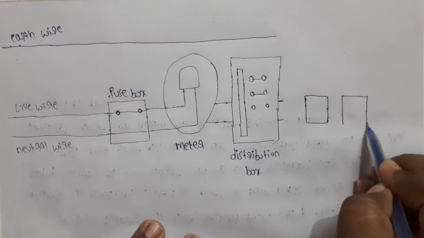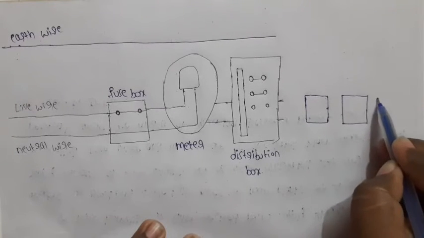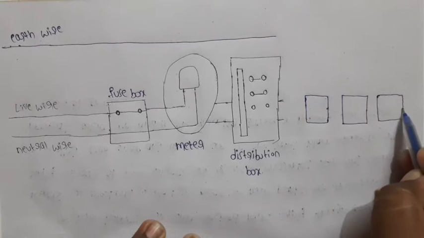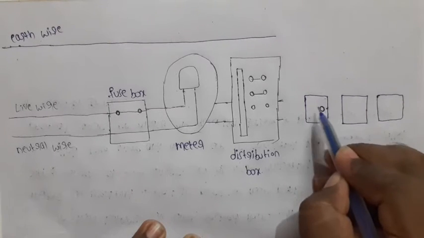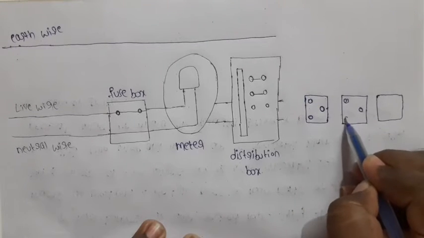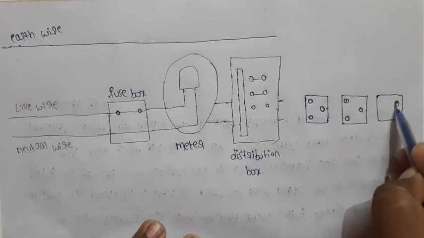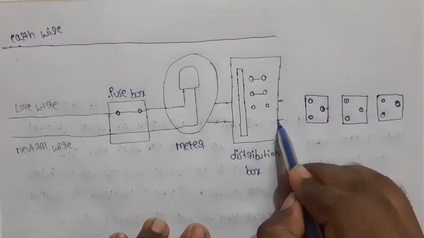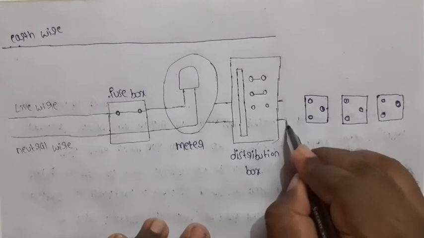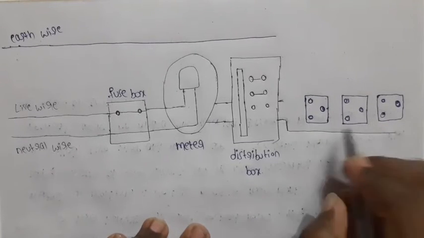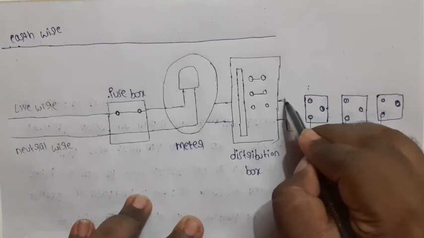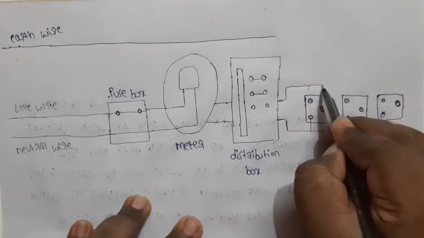Here I am using 3 appliances, so I am connecting 3 sockets. This is the neutral wire. So I am connecting the neutral wire and the live wire. This is the live wire.